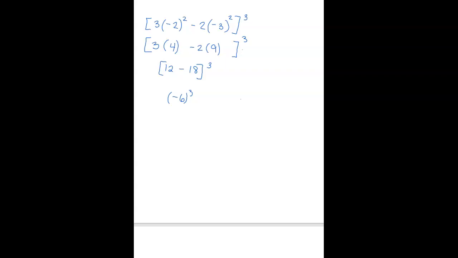All right. So my -6 times -6 is going to give me a +36 times -6. All right, and when I go ahead and do that, I'm going to wind up with a -216.